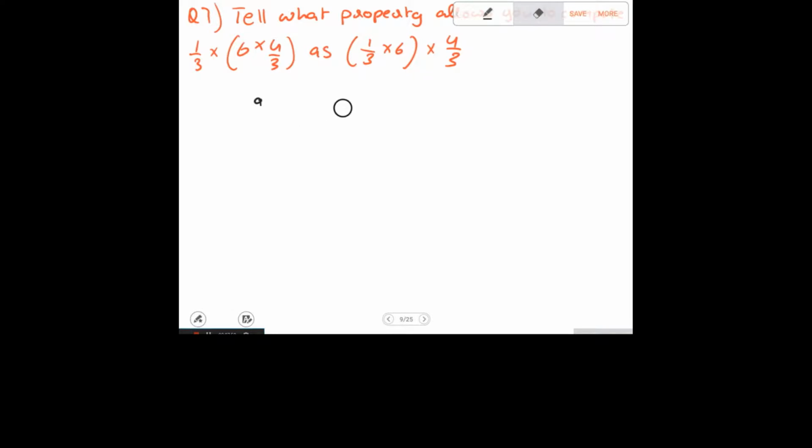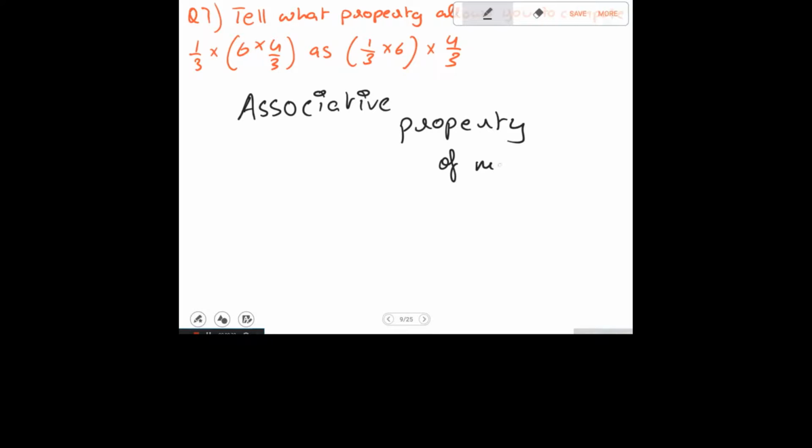Not distributive, this is the associative property, where the bracket can be opened or closed in multiplication. This associative property only works for multiplication or addition. It doesn't work for subtraction or division.